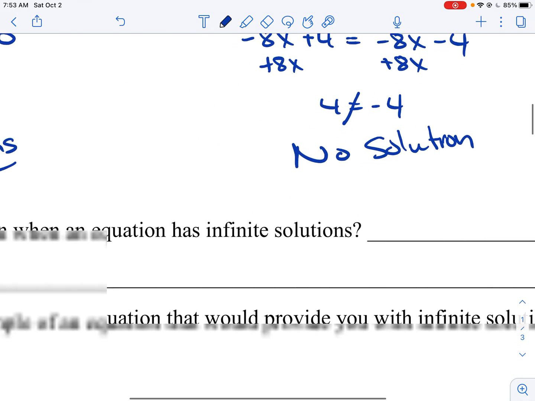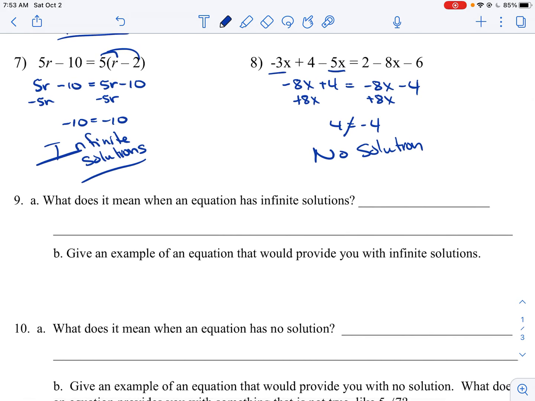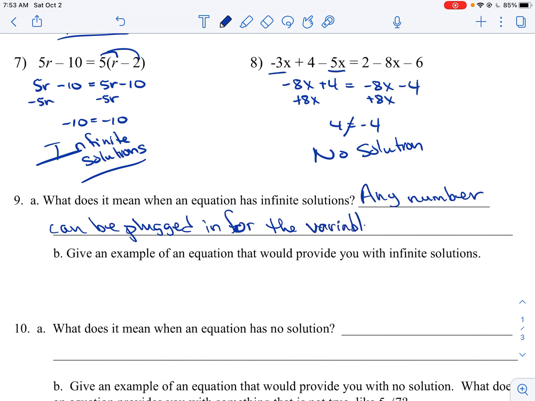Okay, now I've talked about these things as I've gone through, but that doesn't mean everybody understands it. So we're going to go over this. What does it mean if the equation has infinite solutions? It means any number can be plugged in for the variable to make the equation true.